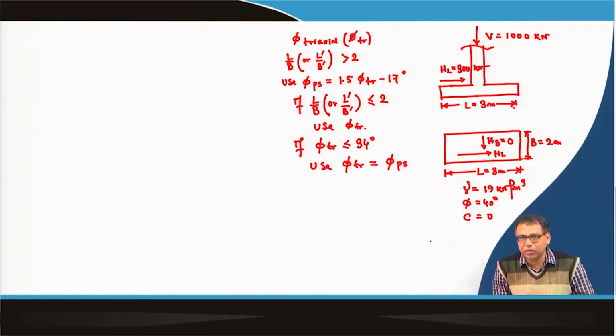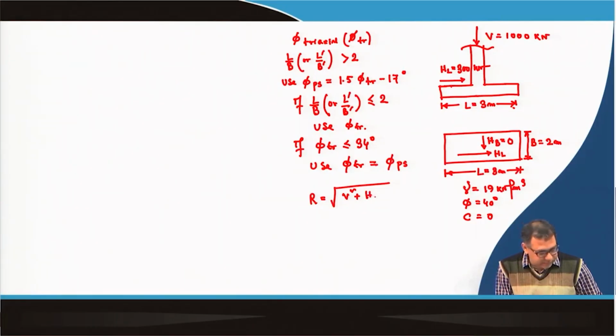You can convert it to inclined load by using this equation, or just take the resultant, that is root of V square plus HL square, which is equal to root of 1000 square plus 300 square.